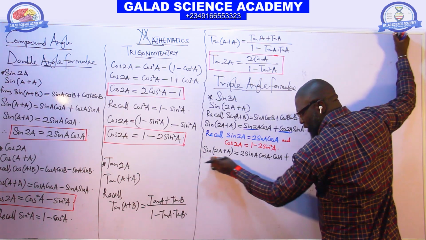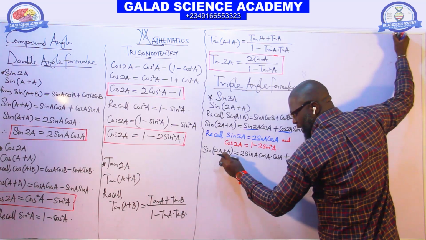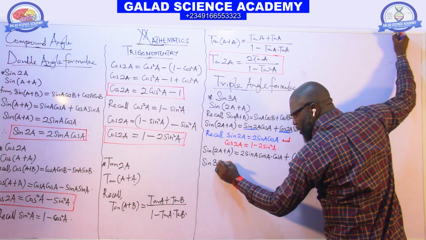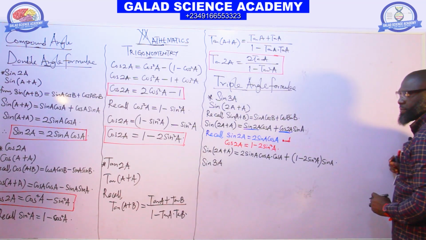So let's add this together back. 2 plus A gives us 3 now. We have sine 3A back.